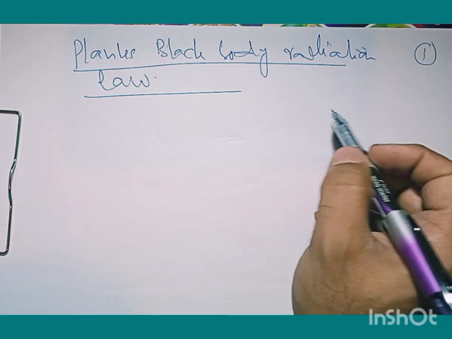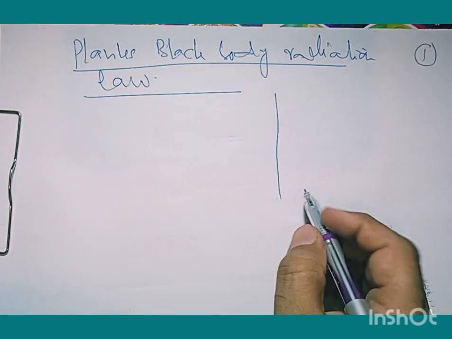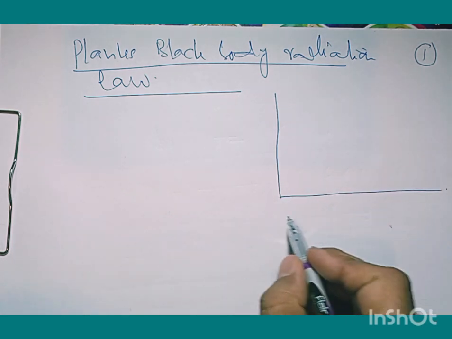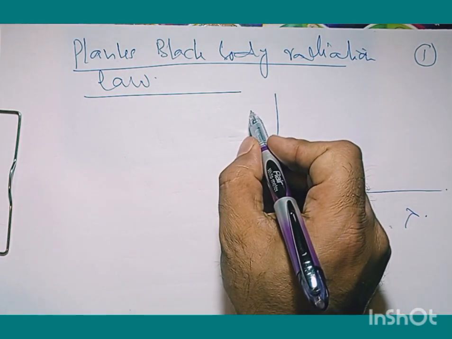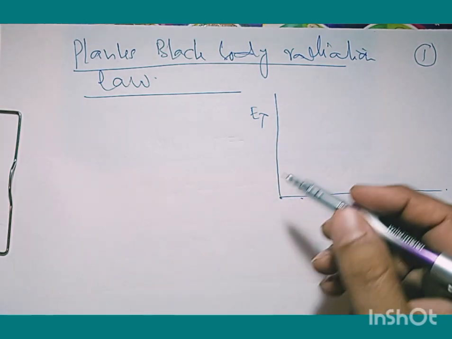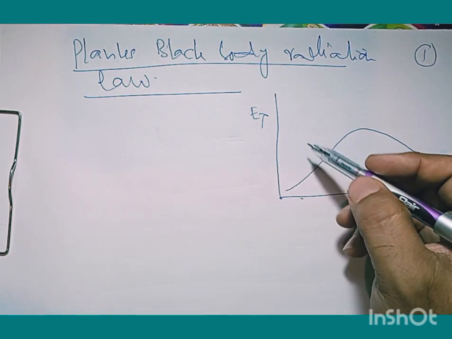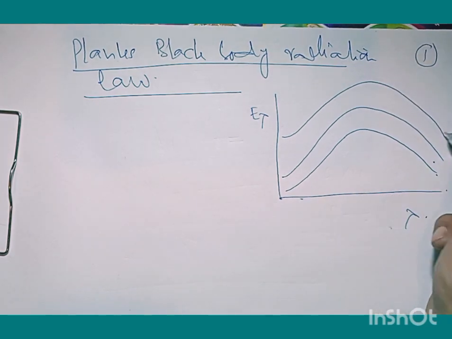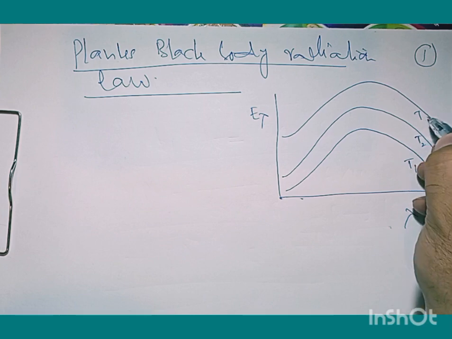So if we have a situation like this, what we obtain when we perform some experiment on the radiations that are emitted or absorbed. Now, if this axis is about the wavelength and this is the energy, we observe curves like this. I may call these T1, T2, and T3.